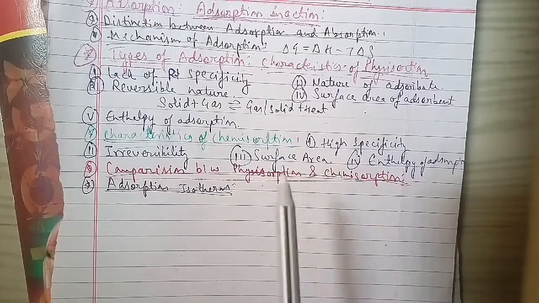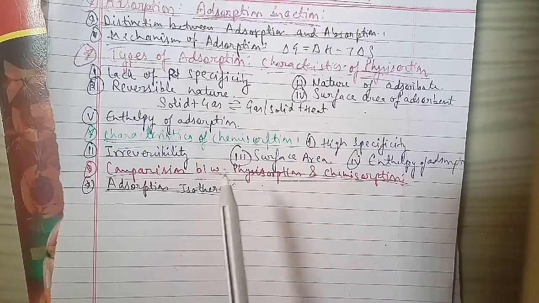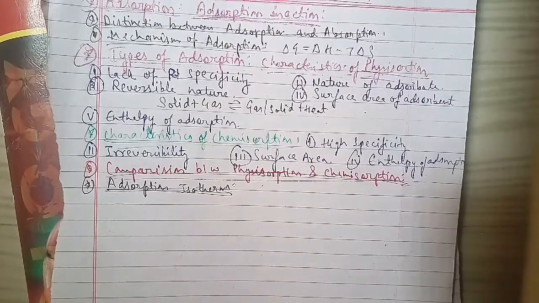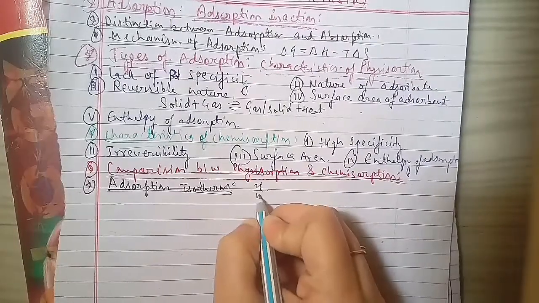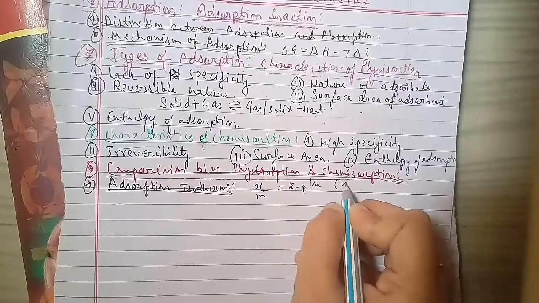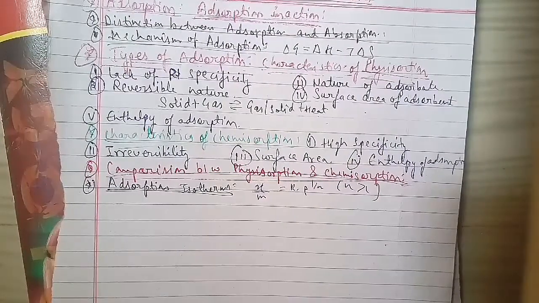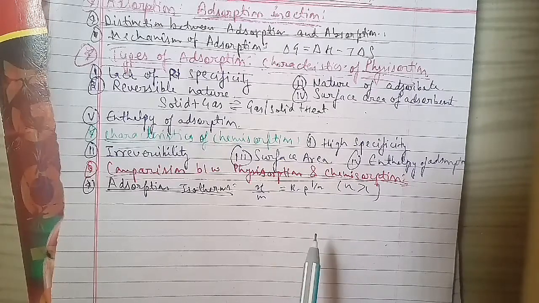Here, x is the mass of the gas adsorbed on mass m of the adsorbent at pressure p, where k and n are constants which depend on the nature of the adsorbent and the gas at a particular temperature. The relationship is generally represented in the form of a curve, where the mass of the gas adsorbed per gram of the adsorbent is plotted against the pressure.